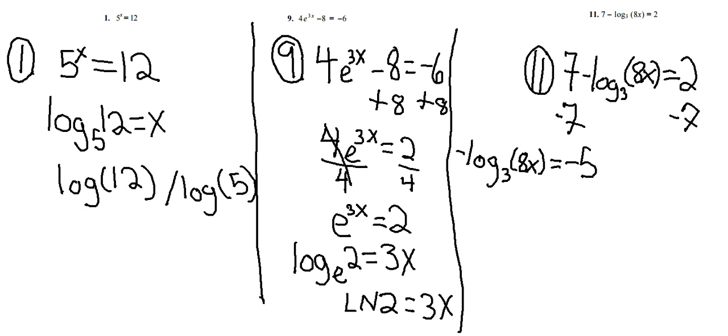Okay, then we divide both sides by negative. So it's going to become positive log base 3 of 8x equals positive 5.